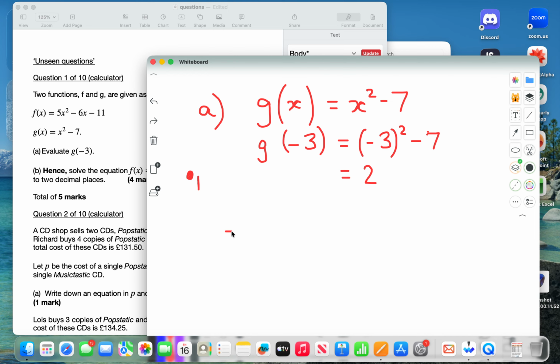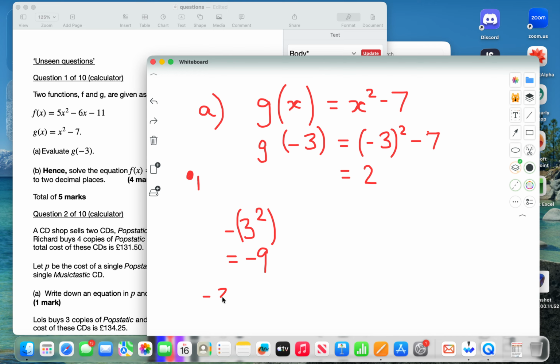But a common mistake that many make would be they would write this. Now, because of BODMAS, this is −3 squared, and that equals −9, because you do the 3 squared, then the minus goes after, like that.